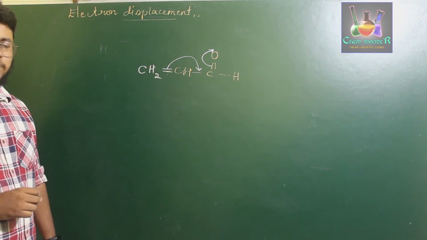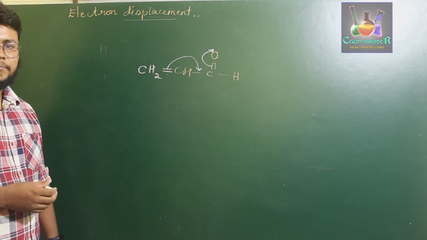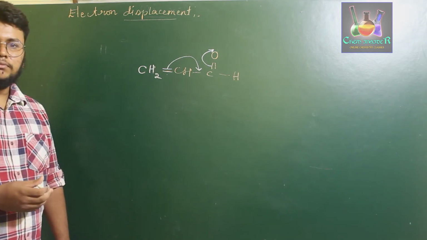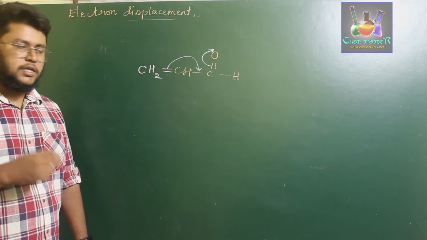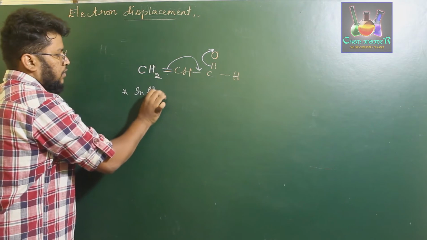Therefore, what is the reason for this particular influence of movement? This movement or displacement of electrons may be because of three particular reasons.